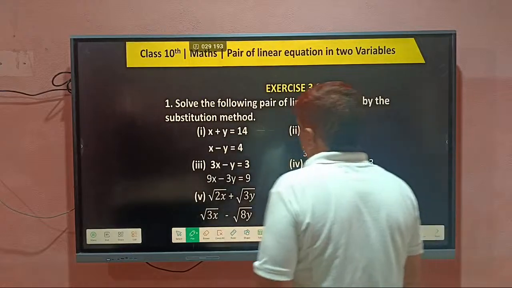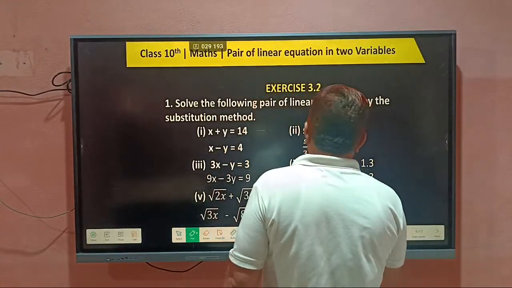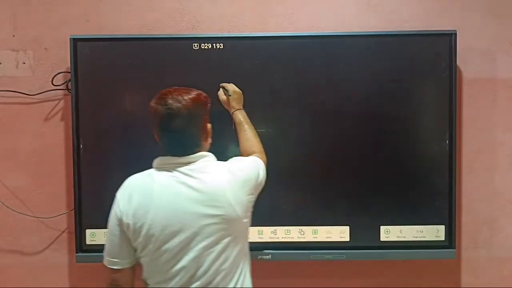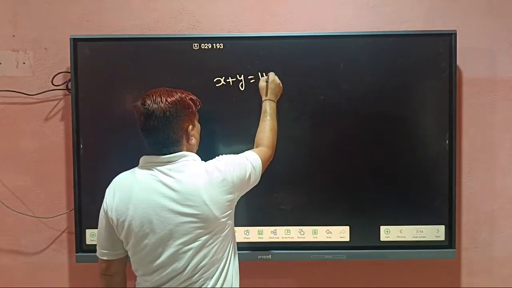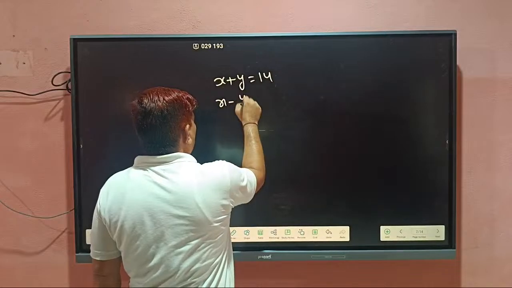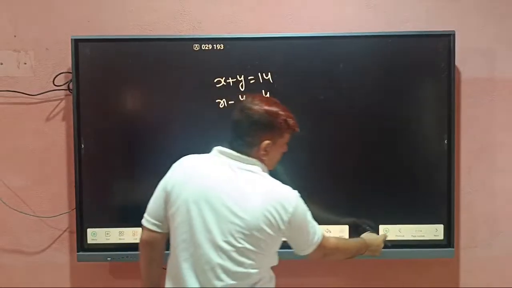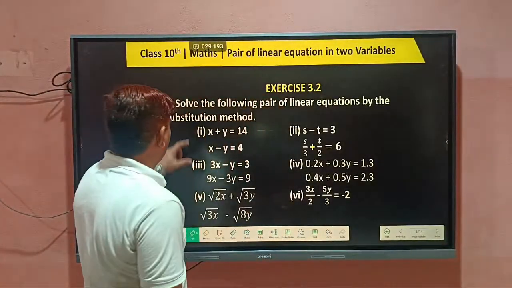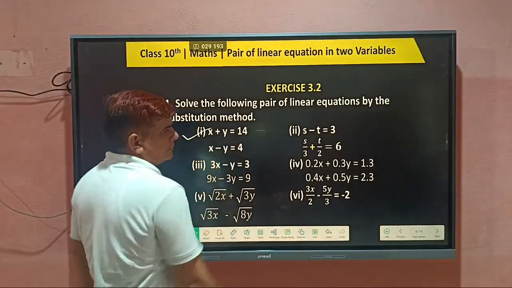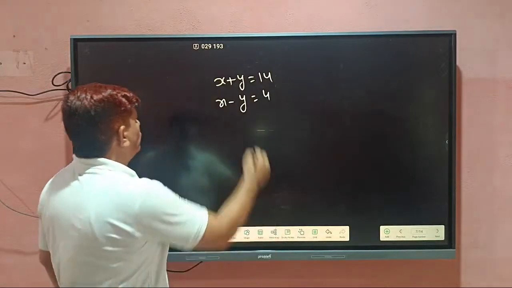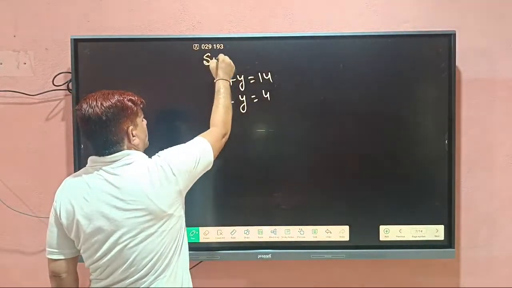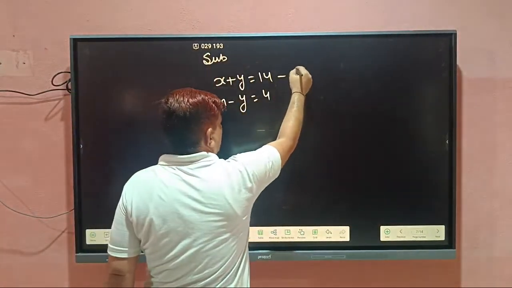So first, this is given: x plus y is equal to 14, x minus y is equal to 4. First part of it, this is given. Yes or no? So how can you solve it? You have to use the substitution method. So this is your equation number 1.